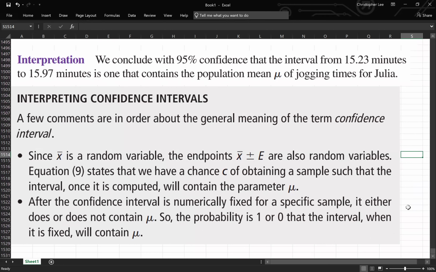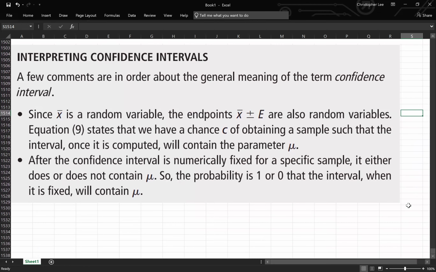Equation 9 states that we have a chance C of obtaining a sample such that the interval, once it is computed, will contain the parameter mu. After the confidence level is numerically fixed for a specific sample, it either does or does not contain mu. So the probability is 1 or 0 that the interval, when it is fixed, will contain mu.